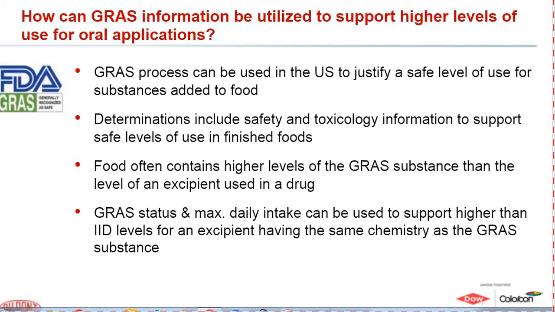The determinations for GRAS include safety and toxicology information to support the safe level of use in a finished food. And foods often contain much higher levels of the substance than the level of an excipient used in a drug. So the GRAS status and the maximum daily intake for that food additive or GRAS material can be used to support higher than IID levels for an excipient that has the same chemistry as the GRAS substance.